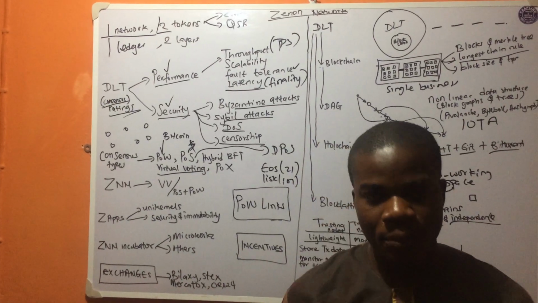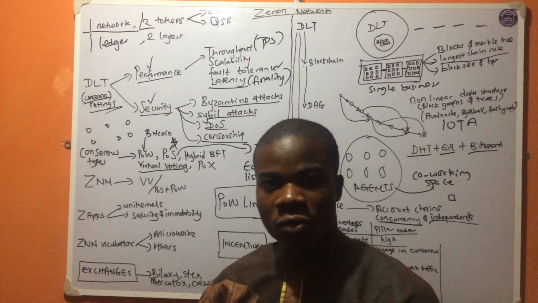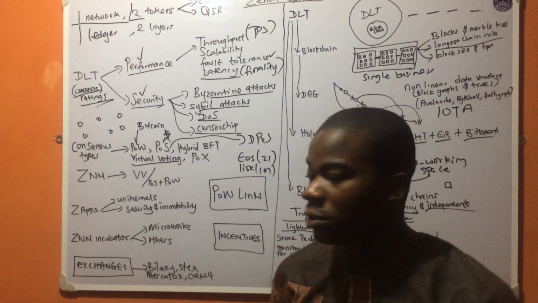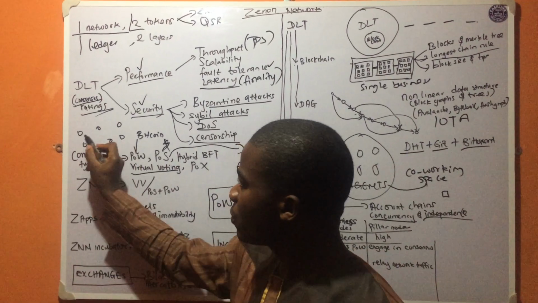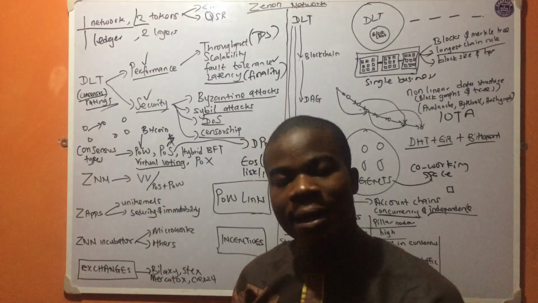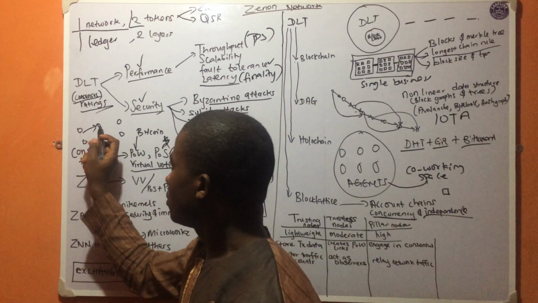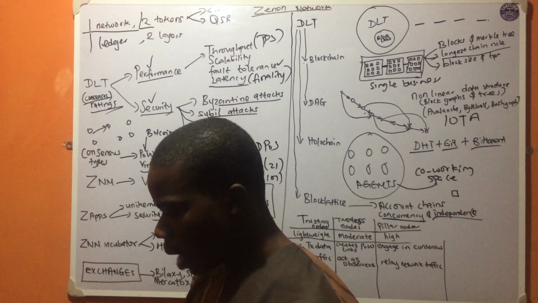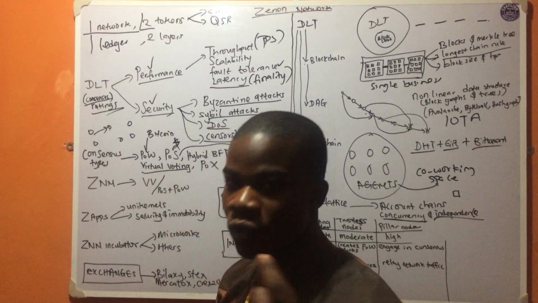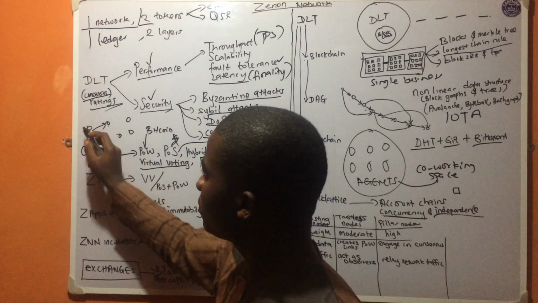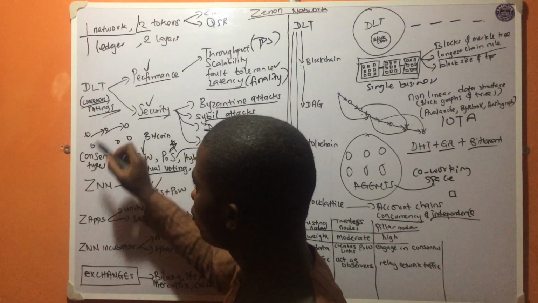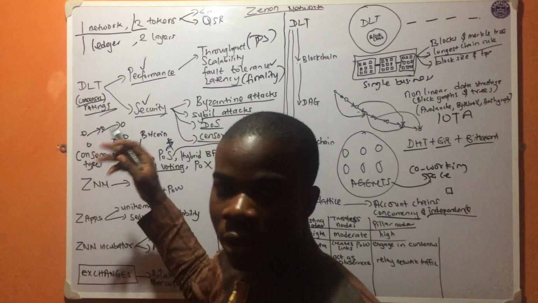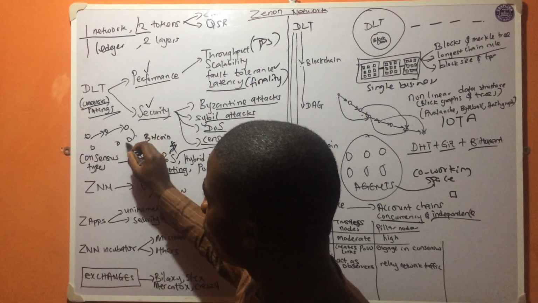So they gossip about the information they receive. This person gossips to this person and says, I received this. This person says, oh, I received this information and I also received a gossip about the information from this person. So he transfers it to this person, and then it goes on and on.